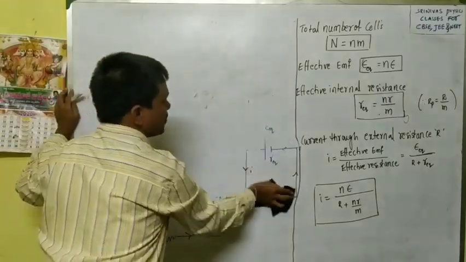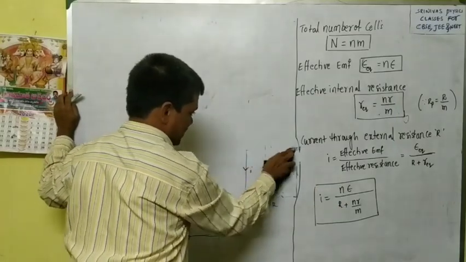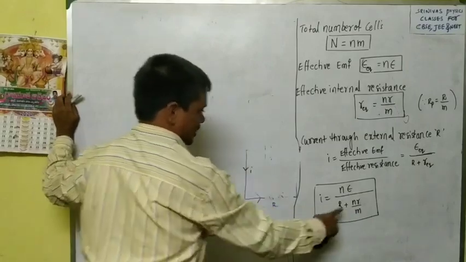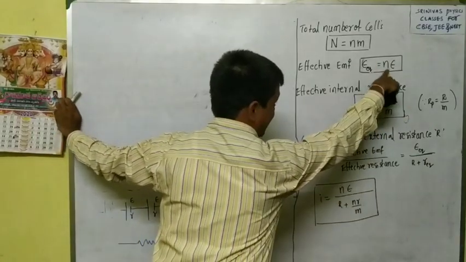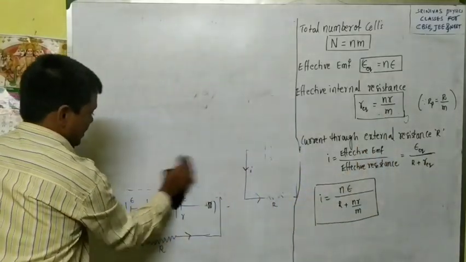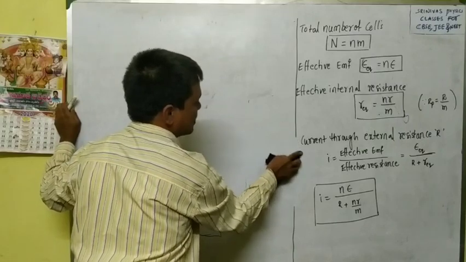Now tell me, if you will do the LCM for this, what will you get as the next equation? In the denominator NR by M is there, right? Here E equivalent we are writing NE and R equivalent we are writing as NR by M. Then if you simplify, how will you get the equation, right?